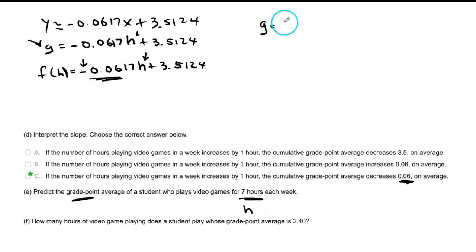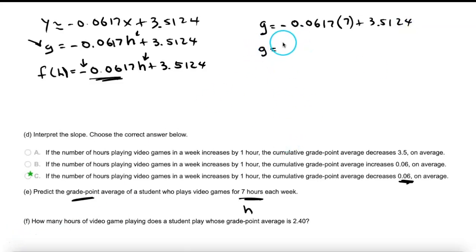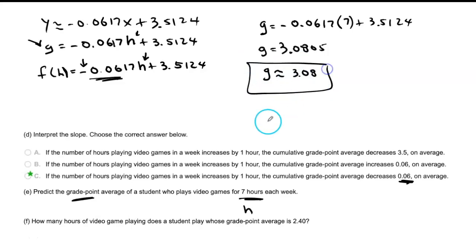Instead of the H, you replace it by 7. Negative 0.617 times 7 hours, plus 3.5124. And then you do the math, and my answer is 3.0805. But because the question is the GPA, normally you round it to hundredths, 3.08.